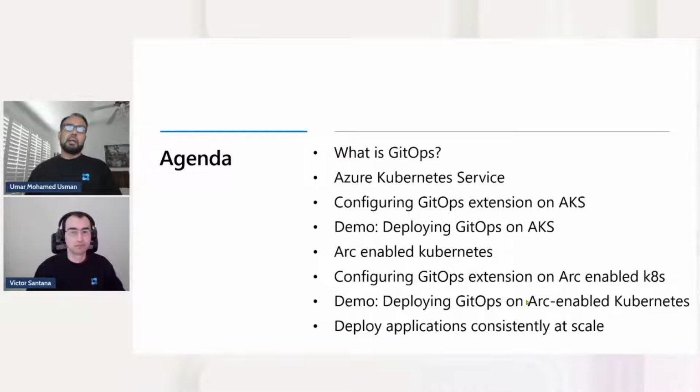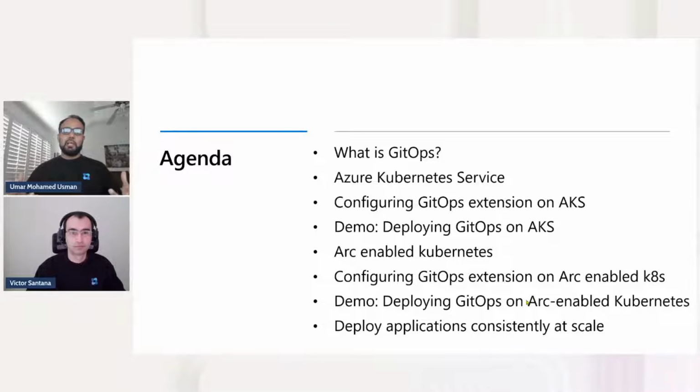Once we get the hang of GitOps, we will jump into AKS, Azure Kubernetes Service, just to level set what is AKS. Our goal is not to deep dive into AKS. AKS is a beast. So we're just going to define what is AKS, then quickly jump into configuring or deploying the GitOps extension on AKS. And this is the meat of the session.